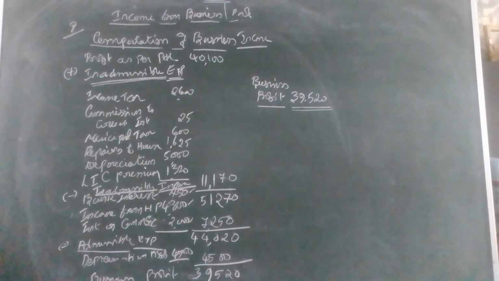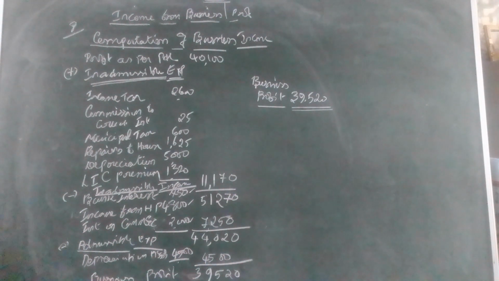What is the point lying in this? You are given the profit in the question, plus you take all inadmissible expenses added back with that profit, deduct the inadmissible income, and deduct other admissible expenses. Finally you will get the business profit of 39,520.